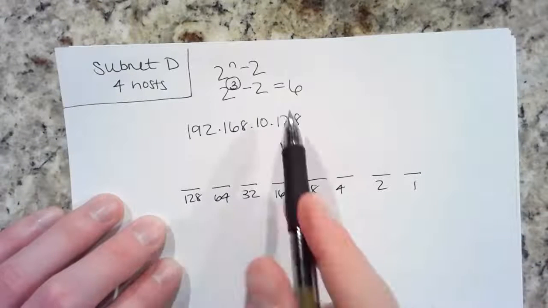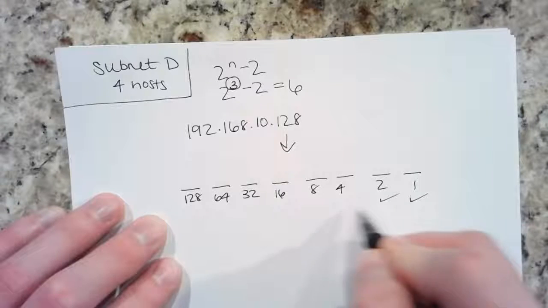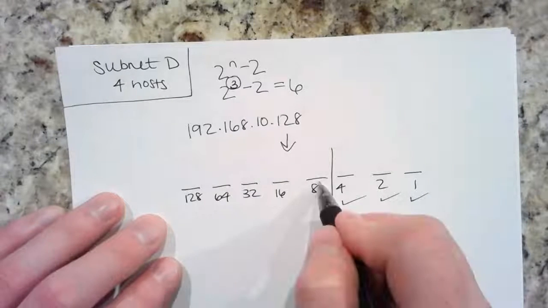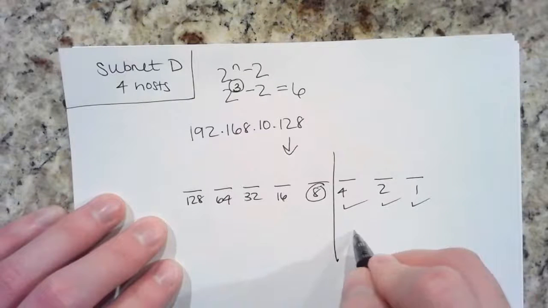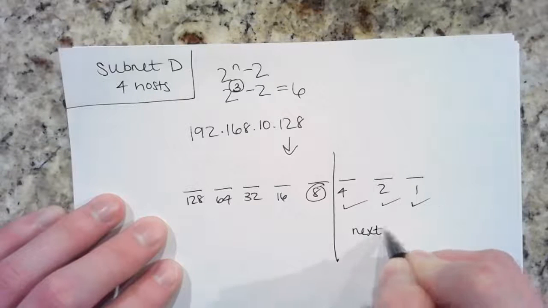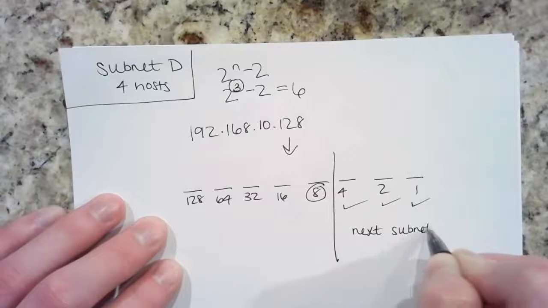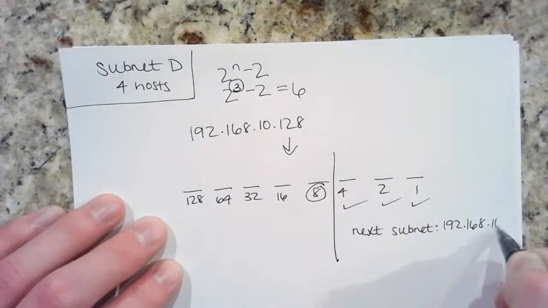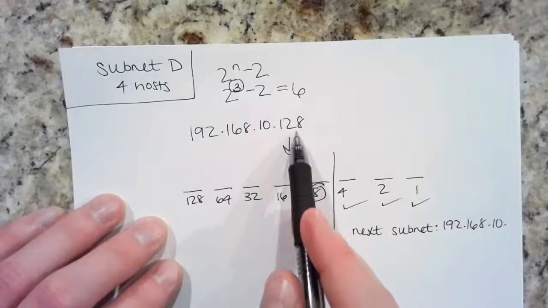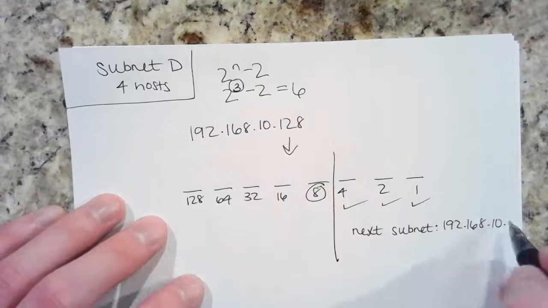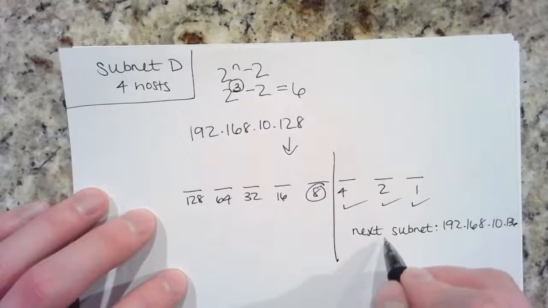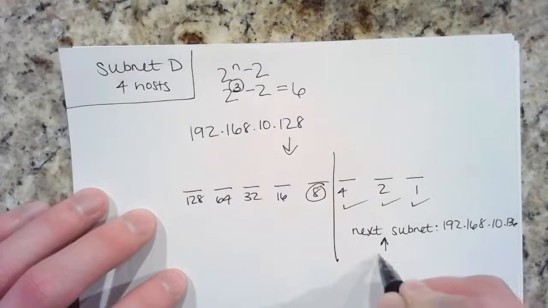So we only need to borrow 3, so we're going to do 1, 2, 3. Draw a line to the left of that. So that means we're incrementing by 8. So the start of our next subnet is going to be 192.168.10. And you just add 8 to 128, which would be 136. Okay, so that'll be, again, here will be subnet E.